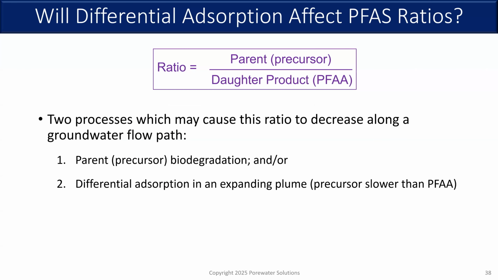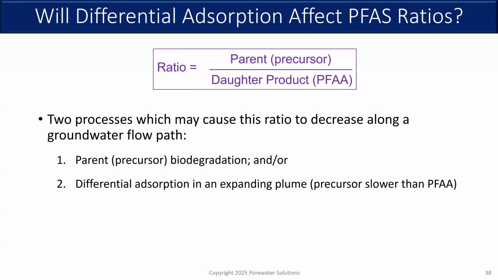The one thing to think about, though, is if you're looking at these ratios, you also have to ask yourselves, because the precursors tend to sorb more strongly than the daughter products, at least 6:2 FTS will. If you're in a part of the plume where things are not stable, and you've got an expanding plume of precursors, say, then this ratio also goes down just because of differential sorption.